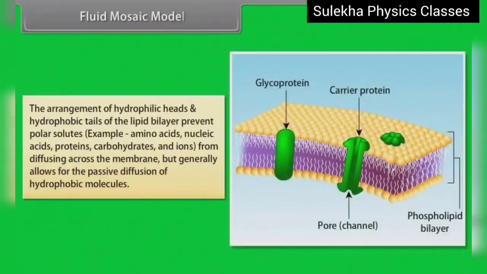The arrangement of hydrophilic heads and hydrophobic tails of the lipid bilayer prevents polar solutes, for example, amino acids, nucleic acids, proteins, carbohydrates, and ions from diffusing across the membrane, but generally allows for the passive diffusion of hydrophobic molecules.